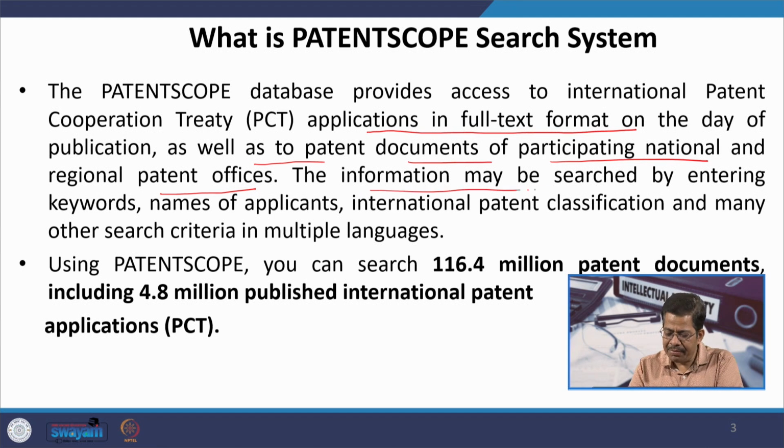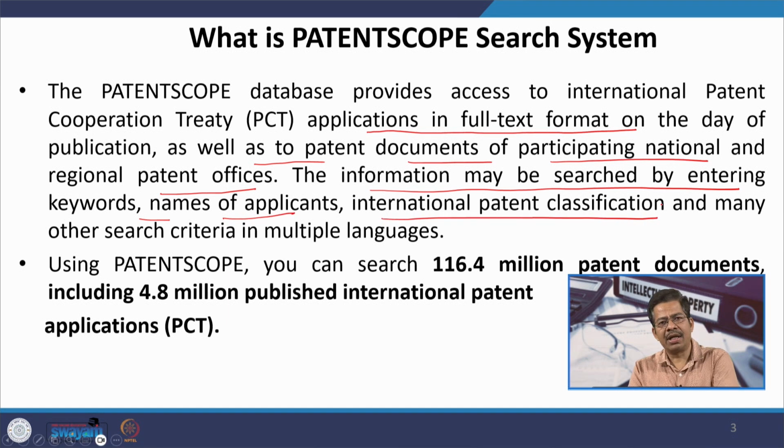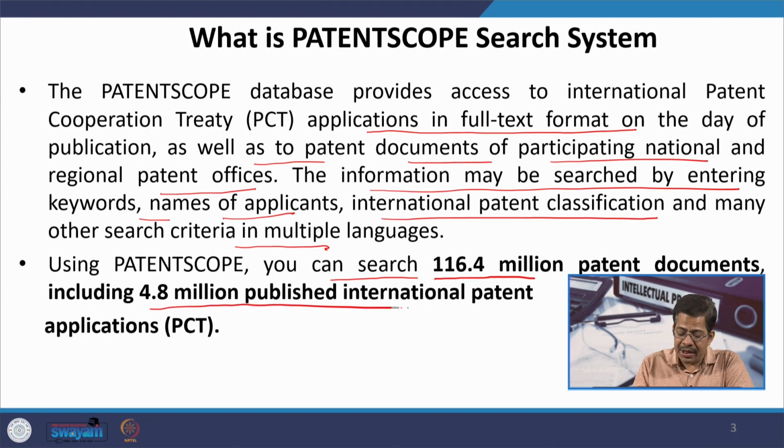The information may be searched by entering keywords, names of the applicants, national patent classification, and there are many other search criteria in different languages. And we can search right now, as on the date of recording of this particular video, around 116.4 million patent documents, including 4.8 million published international patent applications, PCT applications.